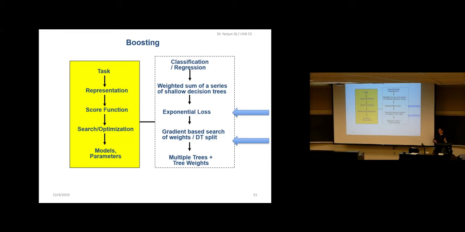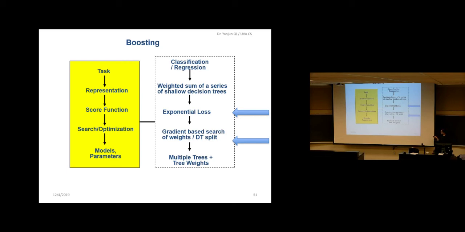Boosting is a series of trees learned in a sequential manner, and for each tree you learn a weight. That weight is learned through gradient descent: what is the best current tree to classify those examples from the previous step that were predicted wrongly? It's a combination of decision tree and gradient descent.